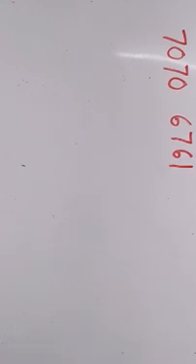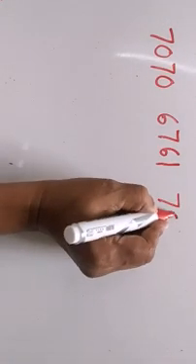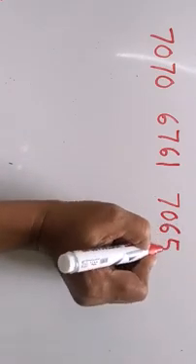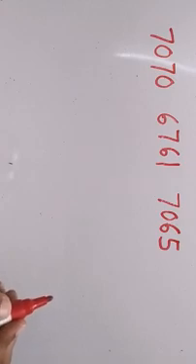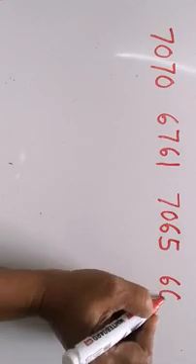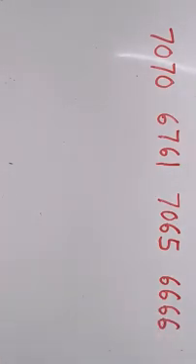Then let's take another number, that is 7065. And finally let's make it 6666.